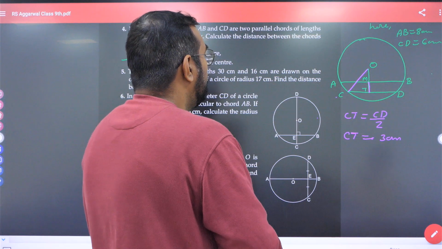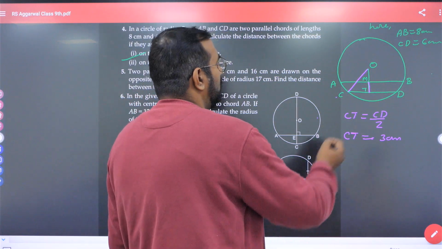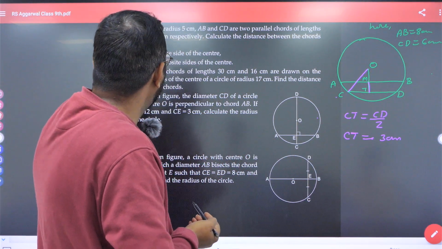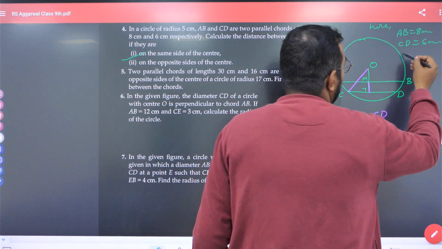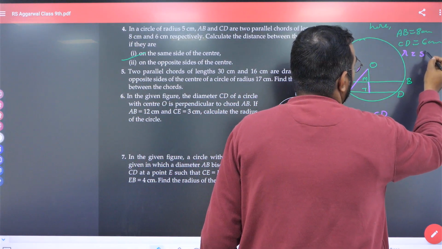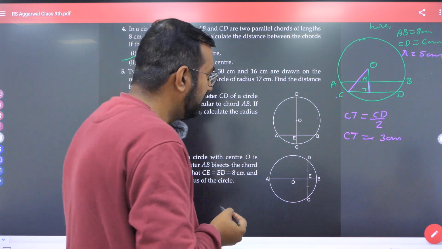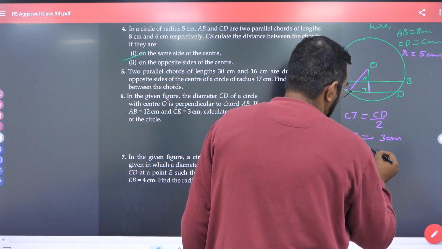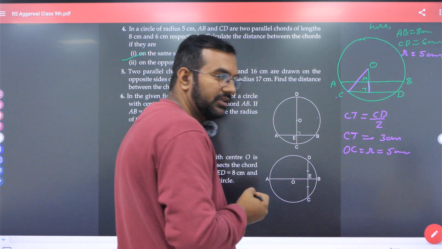So CT is equal to 3 centimeter and OC is equal to 5. OC is 5. Why? Because the radius of the circle is 5 centimeter. It is given, है ना? So we can write that OC is equal to R is equal to 5 centimeter. वो radius है. That is 5 centimeter. Okay?